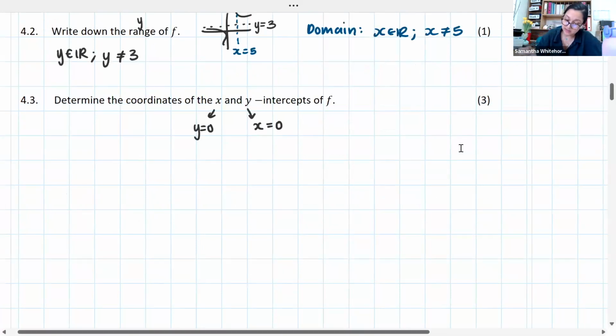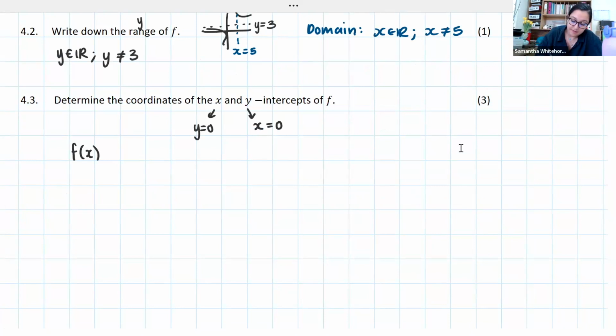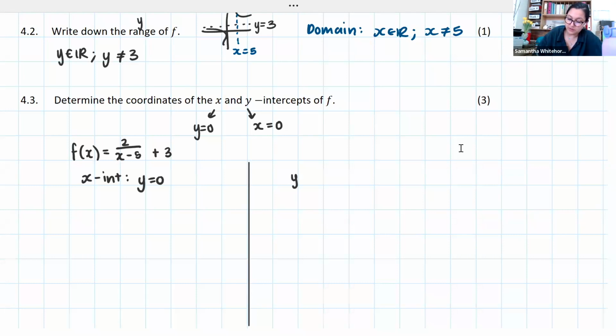We need to find the x-intercept and we need to find the y-intercept of f. Now remember, f was 2 over x minus 5 plus 3. So I'm going to give you guys 5 minutes. I don't think we should need more than that. I want you to find my x-intercept, and I want you to find the y-intercept for me. I'll check in if you need more time.